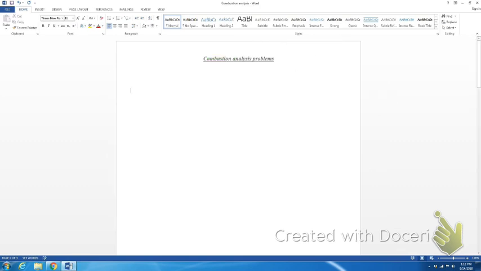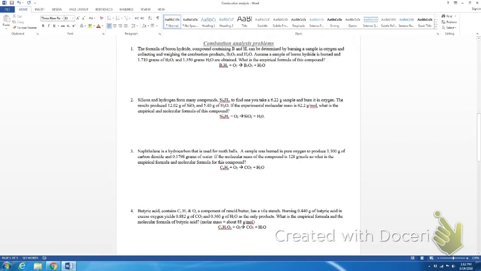So, okay. Scroll down to this page. So you can see, question 1 is like what I just showed you, but it was with B and H, and so it made B2O3. And question 2 is with silicon and hydrogen, and so it made SiO2.